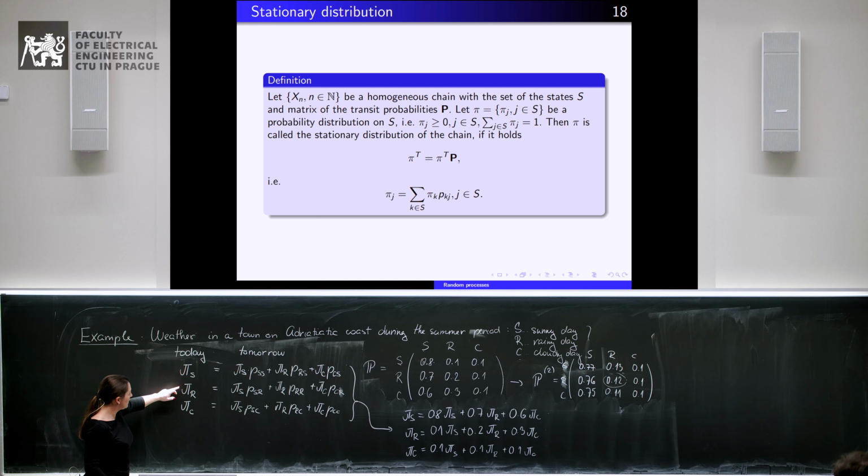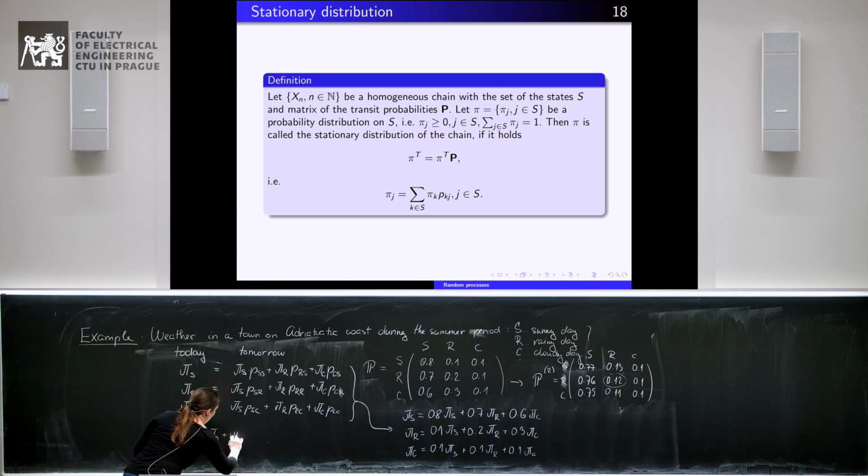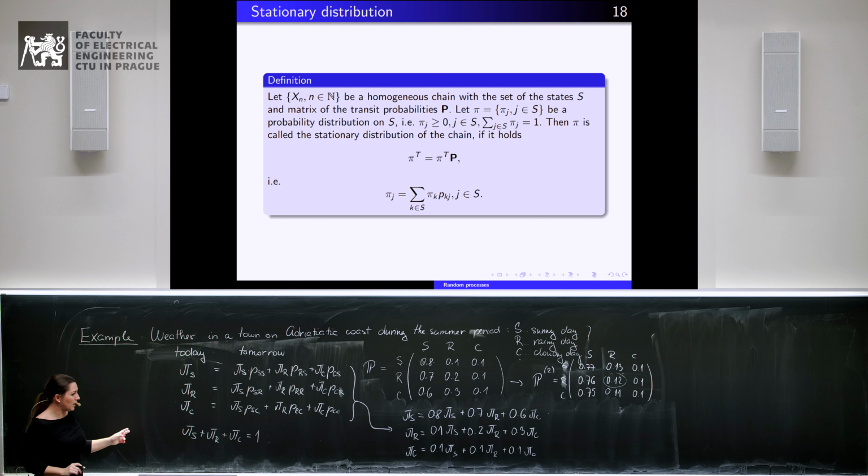We know that these 3 numbers are the probabilities of the concrete types of days. And we know that one of these types of days must occur. So we know that the sum of these values must be equal to 1.